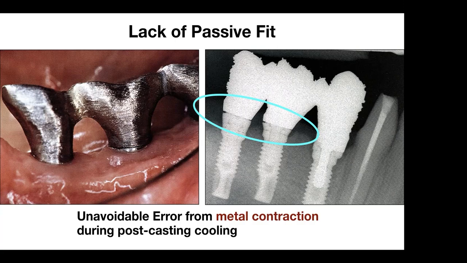There's always been the metal contraction during the cast procedure, so they could not get rid of the gap after casting. So they stopped making any screw retained multi-unit prosthesis.